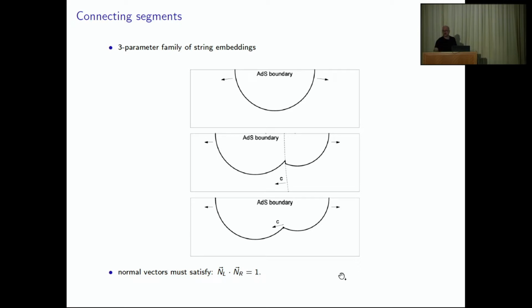You can understand why that is necessary. If it was any slower than that, you could go to a rest frame locally. But then, because of the string tension, this could not stay piecewise linear, because the string does break. Okay, so all the kinks in this talk will move with the speed of light.